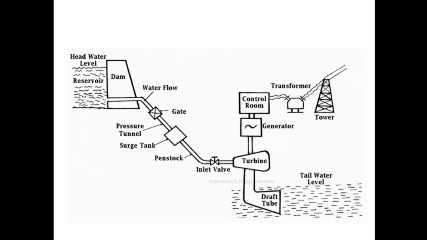As a result, the generator will induce current. That current will be stepped up through the step-up transformer, then transmitted towards the load area through the transmission line.